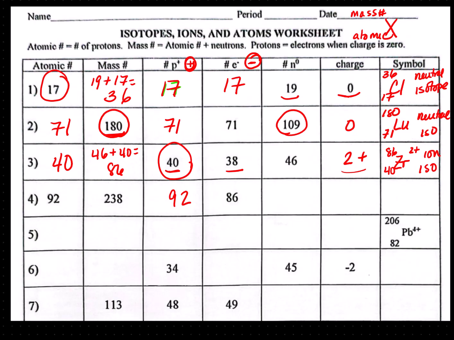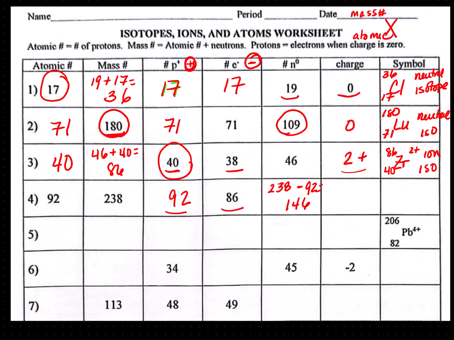Since the mass number is given, we do not use the atomic mass on the periodic table. To find the number of neutrons, it's going to be the mass number, 238, minus the number of protons, which is 92, and this is equal to 146. This is a charged atom because the number of protons and the number of electrons do not match.